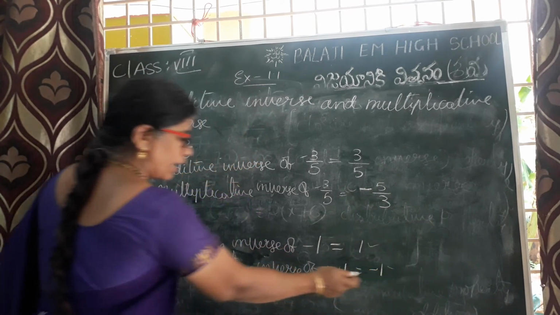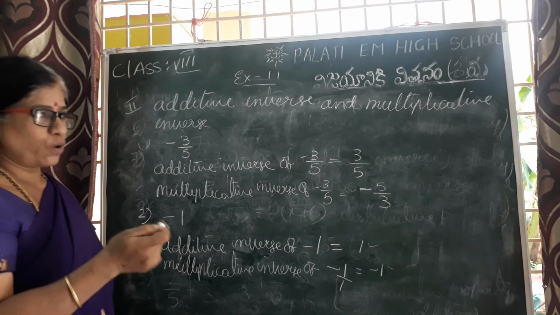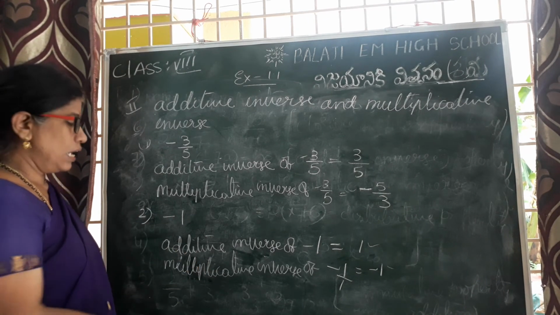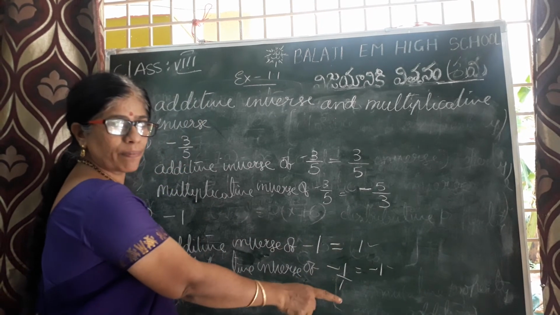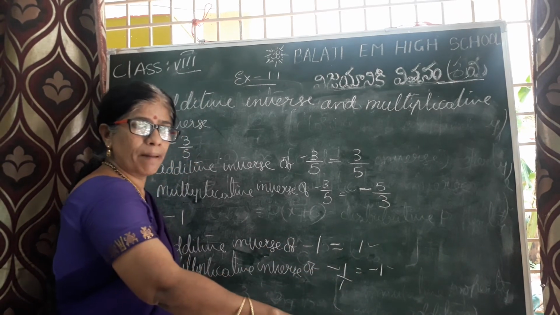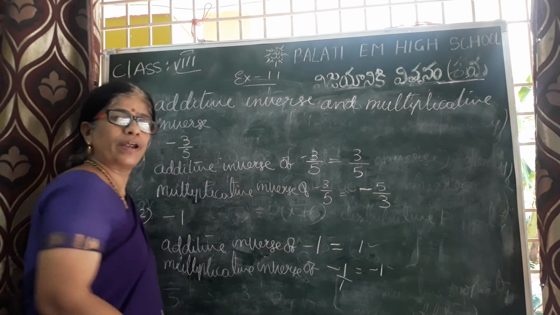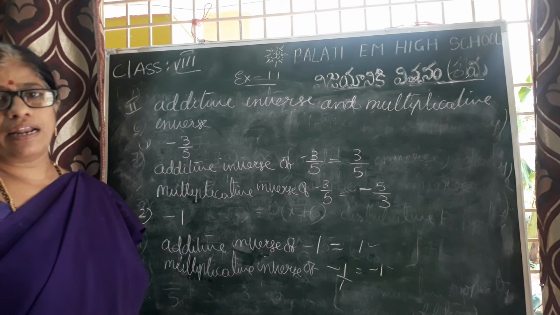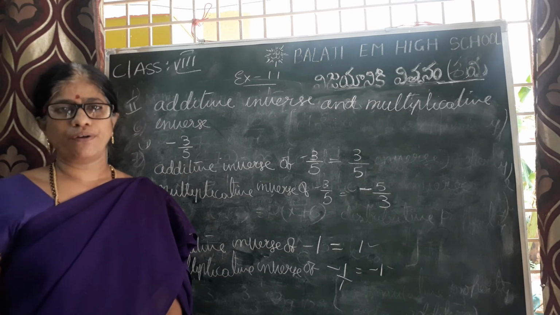So there are numbers among the rational numbers, not only one, we have 2 numbers, which are their own multiplicative inverse. The multiplicative inverse is its own number, meaning minus 1. If you write the multiplicative inverse, you are going to get minus 1. Similarly, when you write the multiplicative inverse of plus 1, you get plus 1 only.